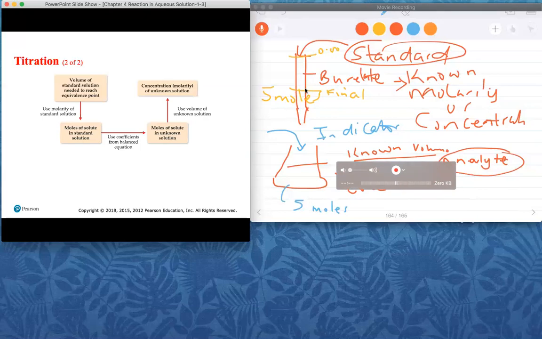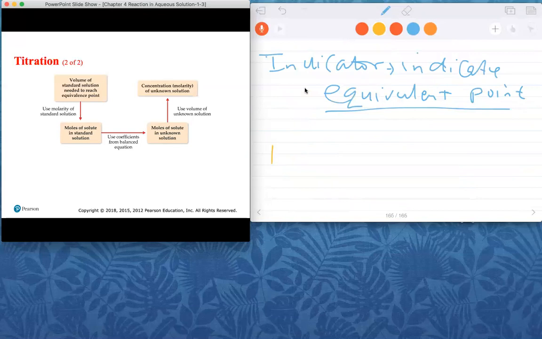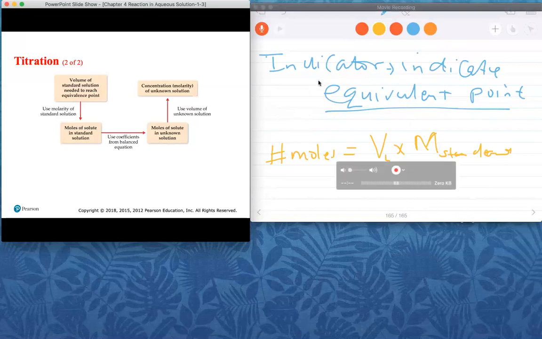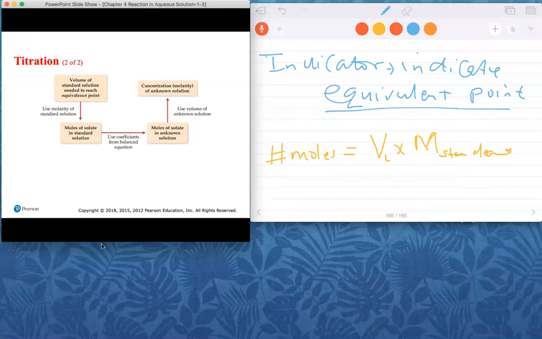You see this? Number of moles is given by volume in liters times the molarity of the standard. This will tell you the number of moles of the standard used, and then use the coefficient in the balanced equation to determine the number of moles of your unknown.